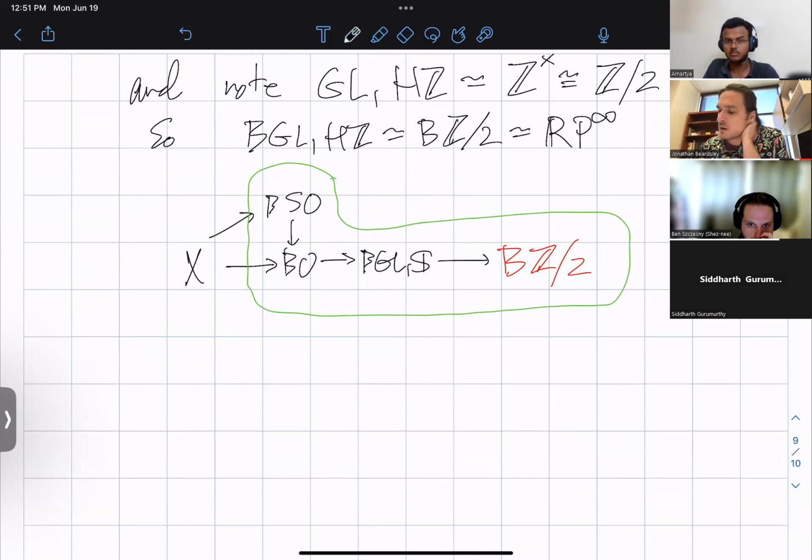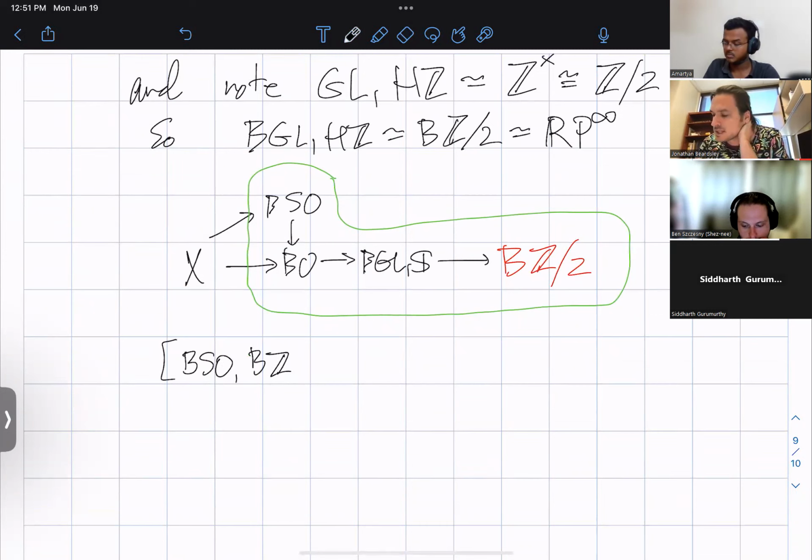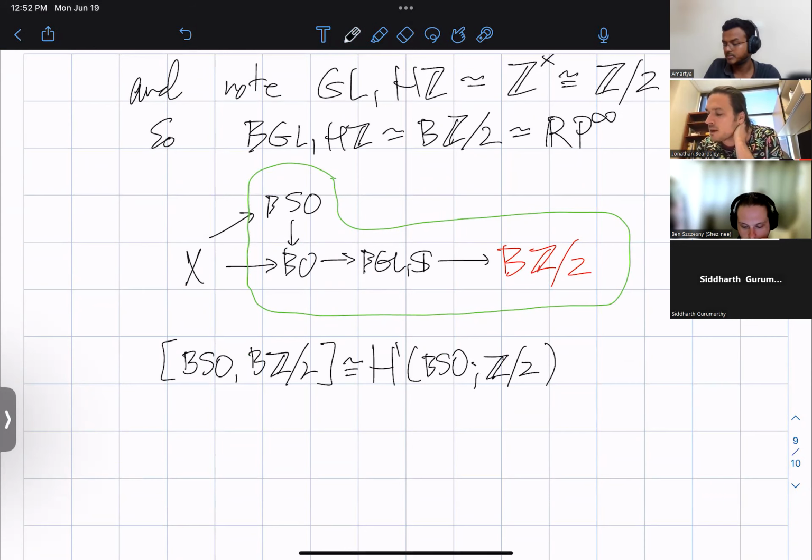You may know that homotopic classes of maps from BSO to BZ mod 2 are the same as H1 of BSO with coefficients in Z mod 2. And by the Hurewicz theorem, that's 0. So there are no non-null maps from BSO to BGL1HZ.